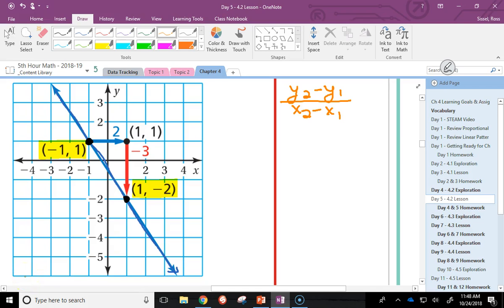Alright, so what do we get the slope to be? Ainsley, I have 3 over 2. I have negative 3 over 2.